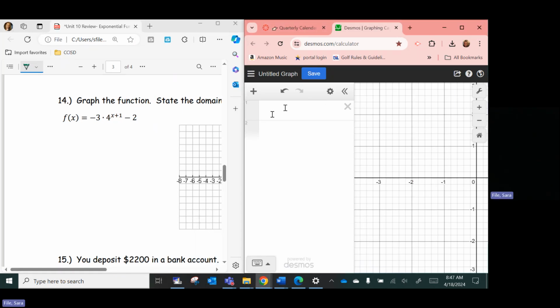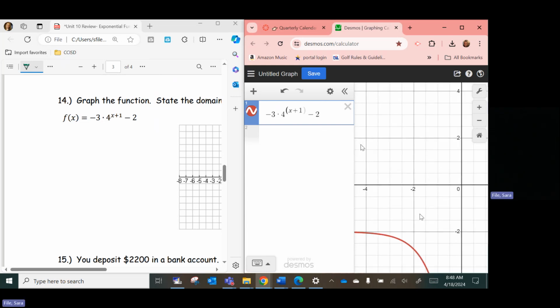So what I'm going to do is type in my equation. As I see it, I've got -3 times 4 to the power, and then I'm going to need parentheses to get that x + 1 up there. And then -2 is outside the power. So this is my equation.